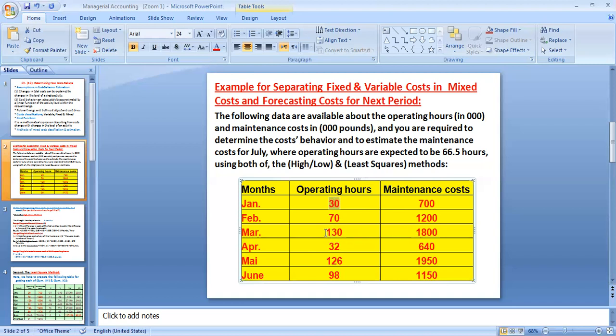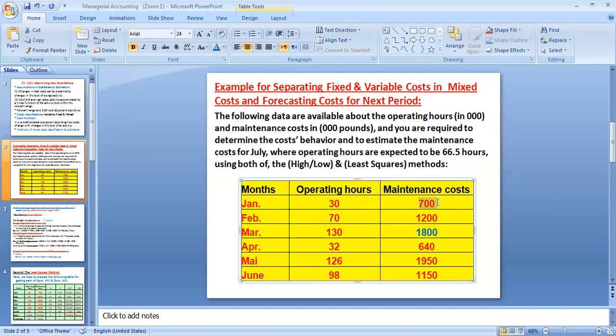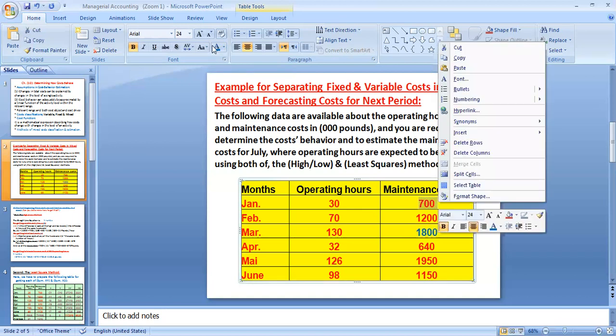So I have to use the 130 and the 30 hours, and the cost in front of each, the 700 and the 1,800. These are the two costs that I will use.